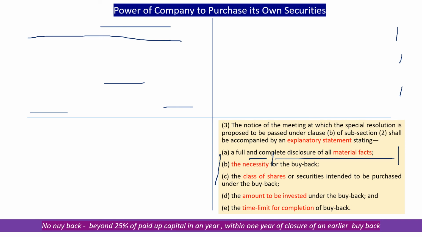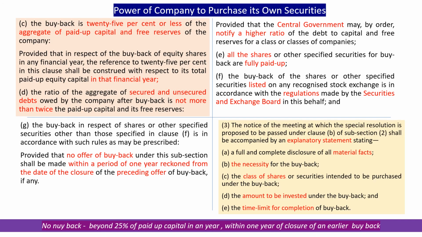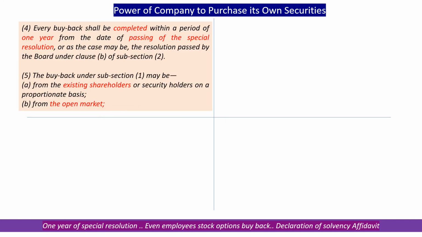And explanatory statement has to have the full details of the class of shares, amount to be invested, time limit of completion, etc. Every buyback has to be completed in 1 year from the date of passing the resolution.